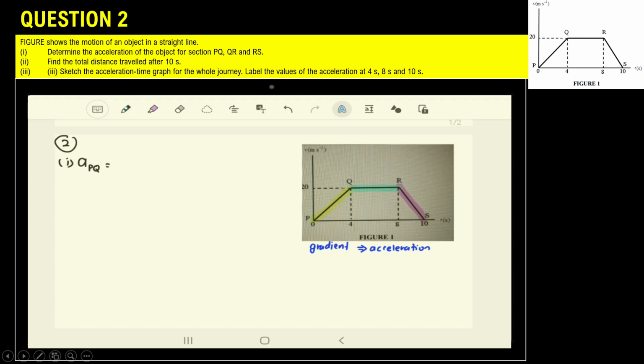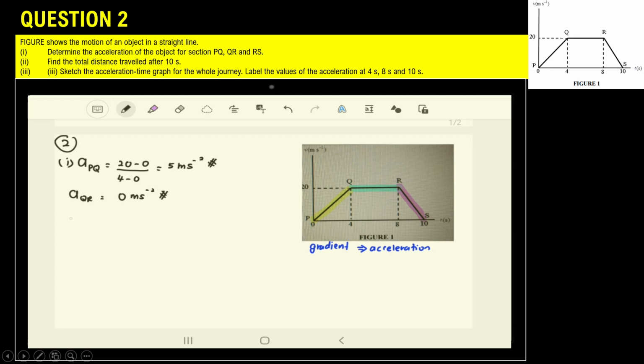It's equal to 20 minus 0, y2 minus y1 over x2 minus x1, so it's equal to 5 meter per second squared. How about QR? It's a horizontal straight line, so there is no gradient. It's equal to 0.